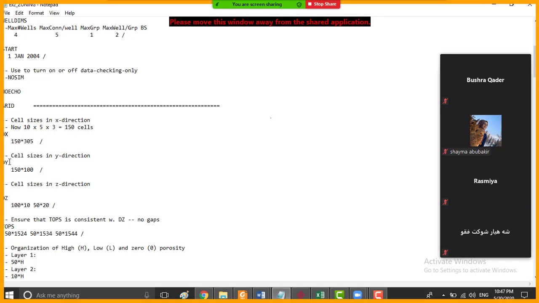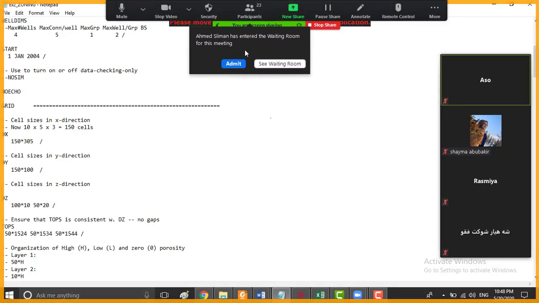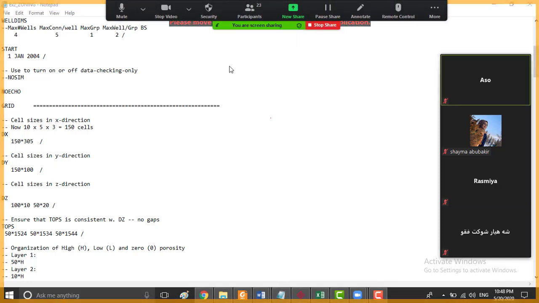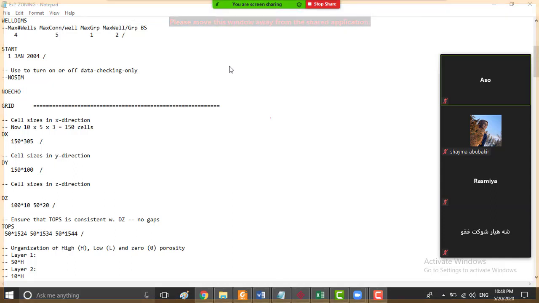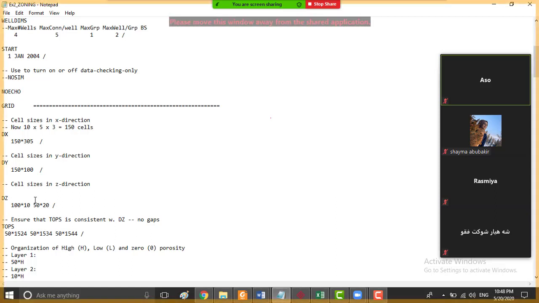Now for dz, we also have to specify the length of the matrix blocks, the length of cells in the z direction. Now we have to write the data for 150 cells, right? 150 cells.